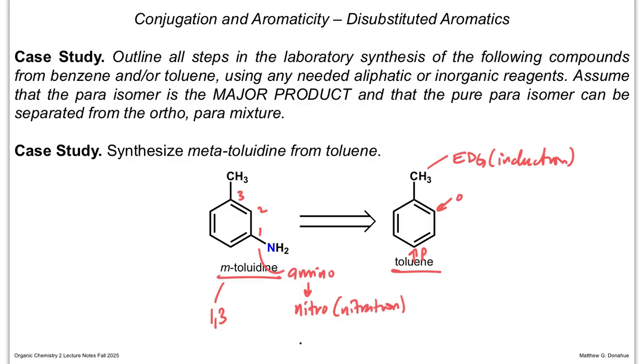In the discussion here, we're going to leave the methyl group alone and proceed with the electron donating ability, and then use a blocking route that we ultimately have to deblock because that 4 position is hydrogen.